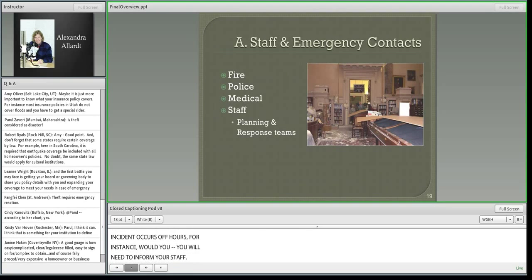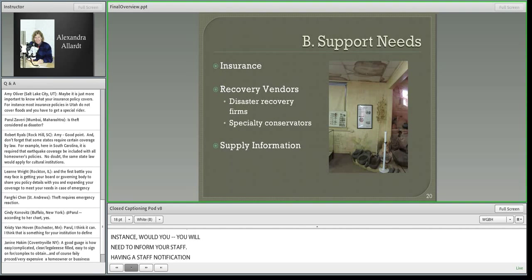Your emergency plan also needs to include contact information for your insurance agent and specialty vendors who may need to be immediately available, or at least alerted to the situation and to be on call, such as art conservators or disaster recovery firms. A list of vendors for supply information is also basic information.